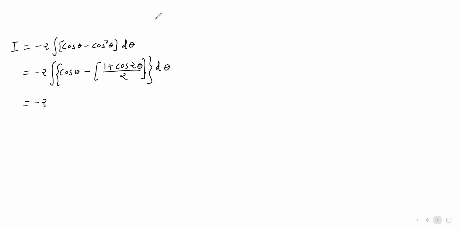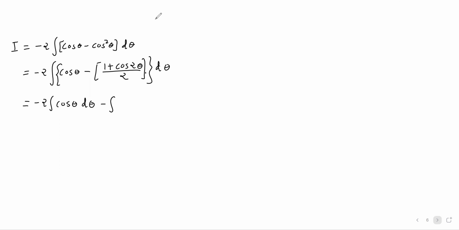Minus 2. Separate out individually. Integration. So minus 2 into this one. So minus 2 cos theta d theta, minus 2 gets cancelled. Again 1 by 2 है.